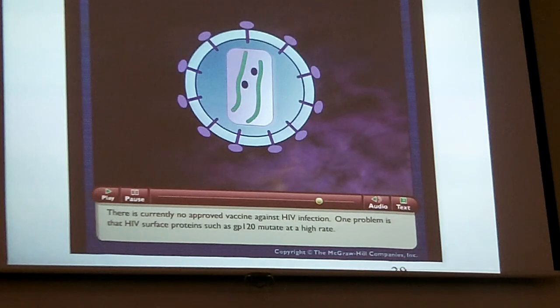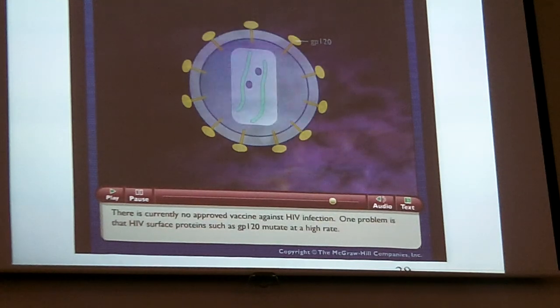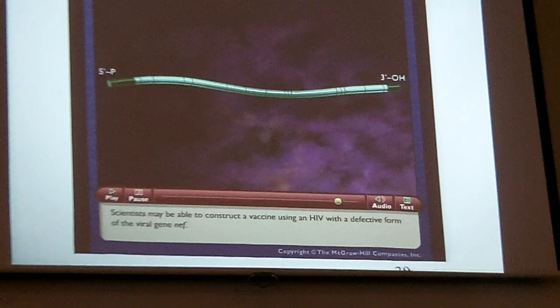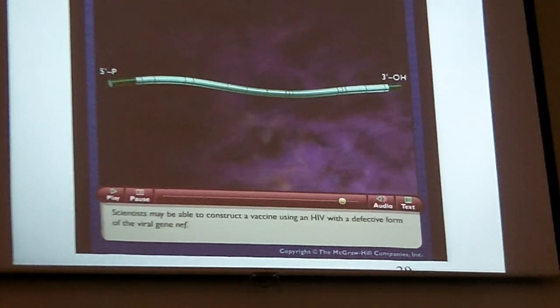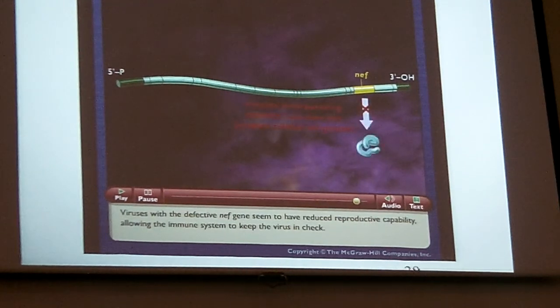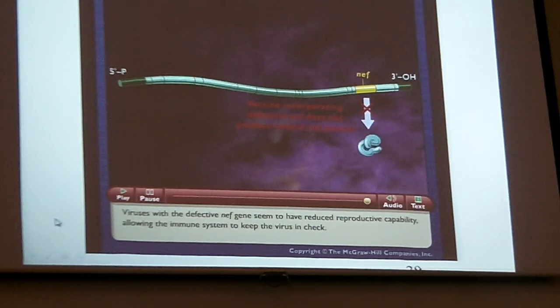One problem is that HIV surface proteins such as GP120 mutate at a high rate. Scientists may be able to construct a vaccine using an HIV with a defective form of the viral gene NEF. Viruses with the defective NEF gene seem to have reduced reproductive capability, allowing the immune system to keep the virus in check.